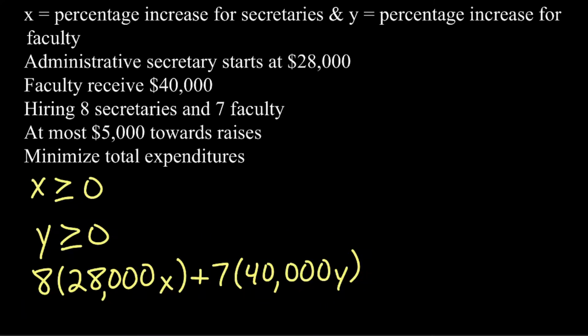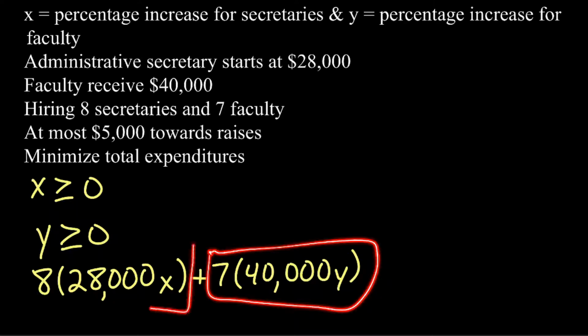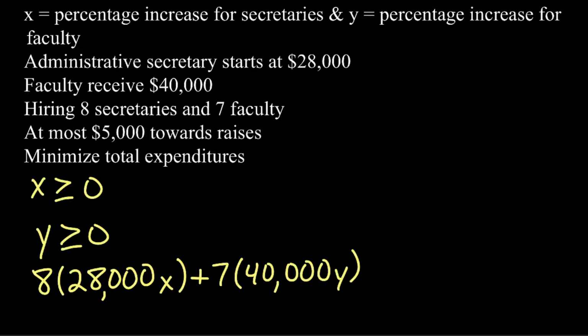And when we add up the amount that we're increasing those 7 faculty members and add it to the amount that we're increasing those 8 secretaries' salaries by, that total must be less than or equal to $5,000 according to this right here, at most $5,000.